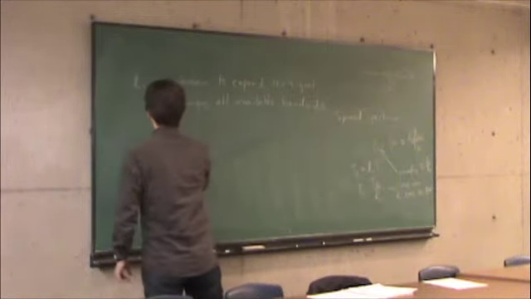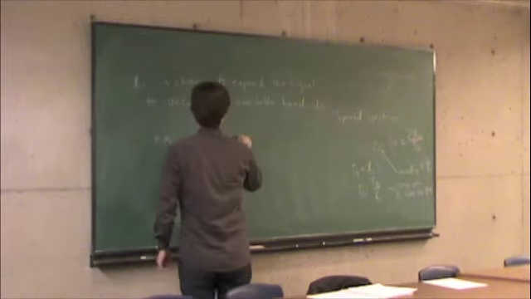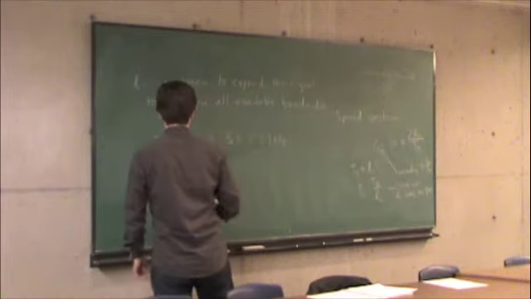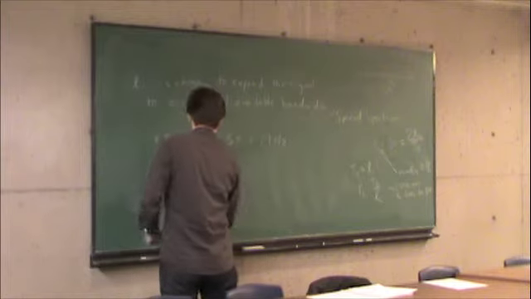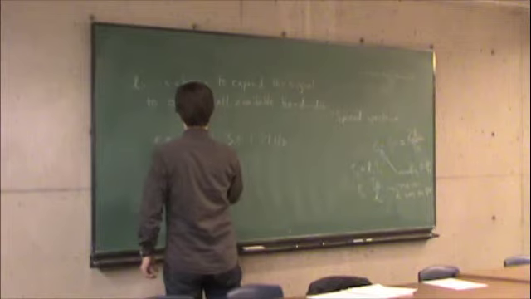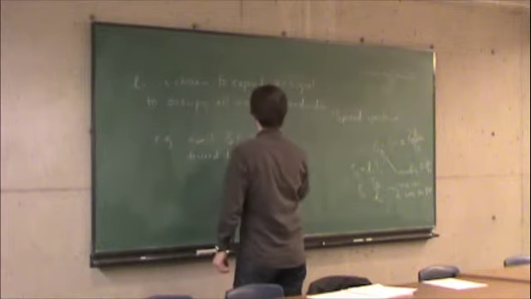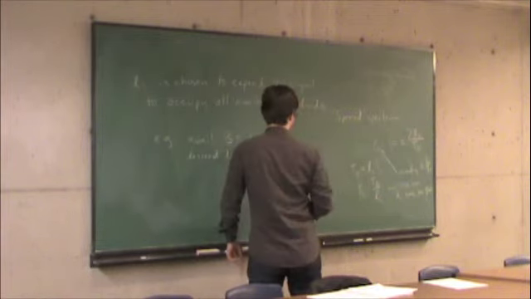So for instance, let's say the available bandwidth is 1 megahertz. And let's say I want to send data, the desired data rate is 10 to the 4th power bits per second.